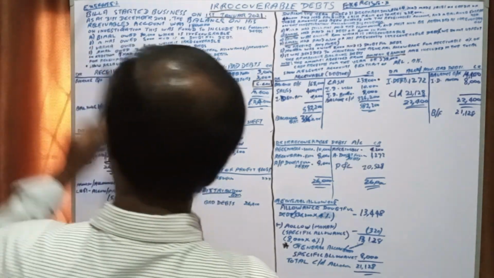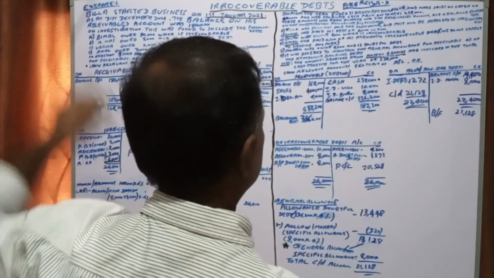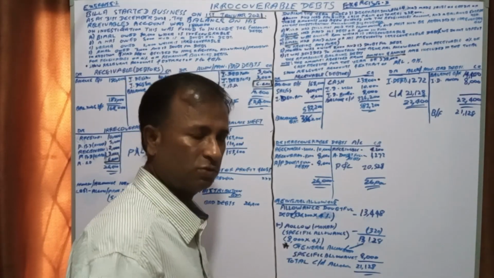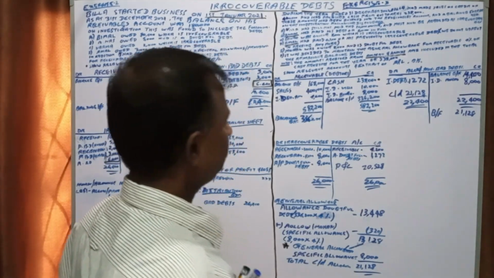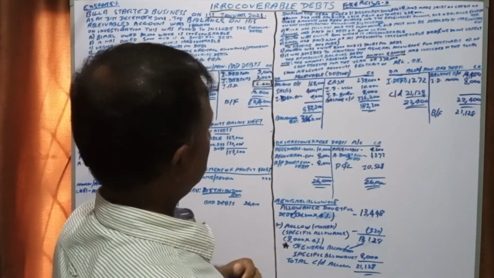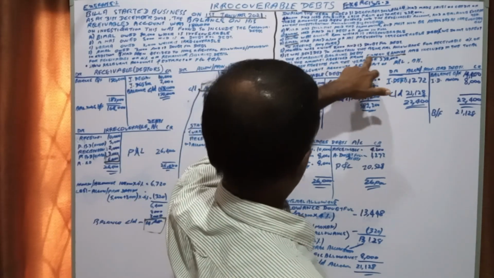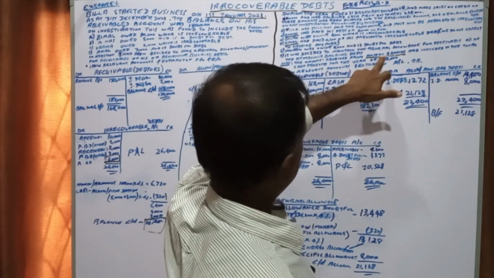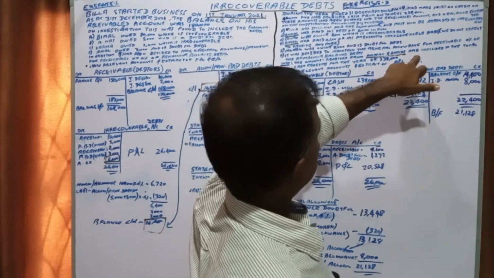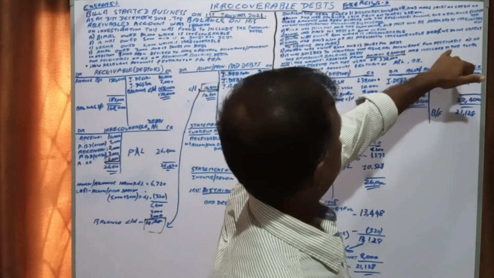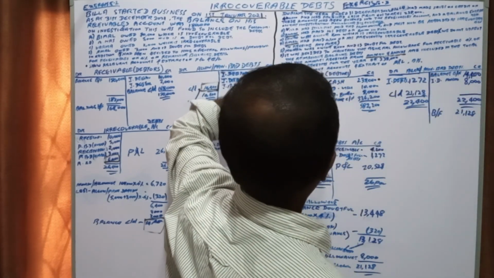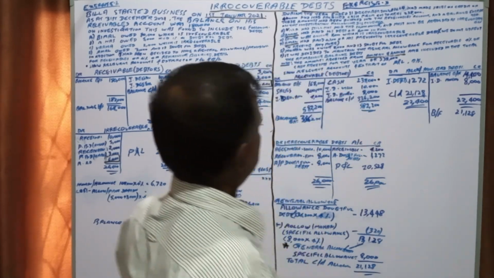Okay, then we have finished the calculation for this one. Okay, understood this one? Because here it has been said that it was decided to maintain the general allowance for receivables for a percentage of the remaining balance of debtors.